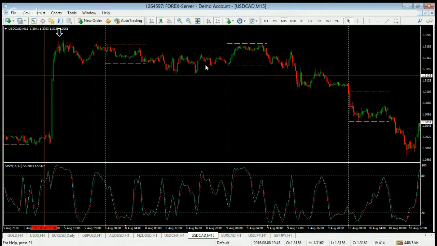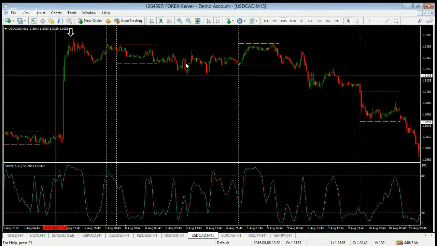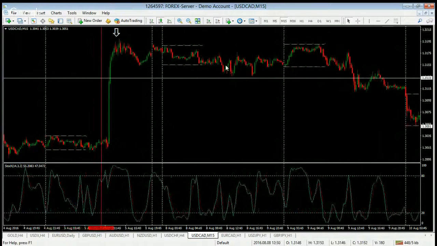This day was actually a consolidation, so there was no trade here. The indicator wasn't posting any trade here except from this one.